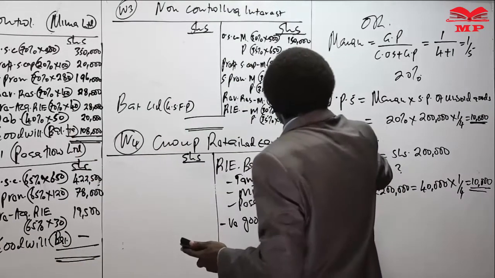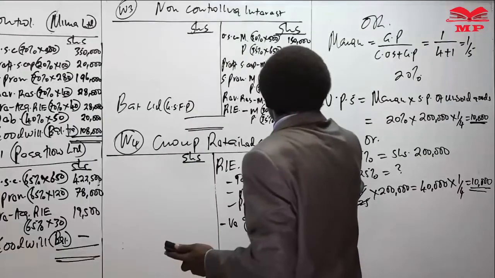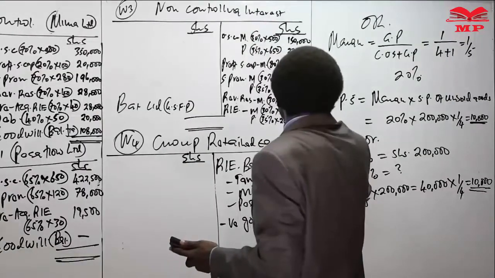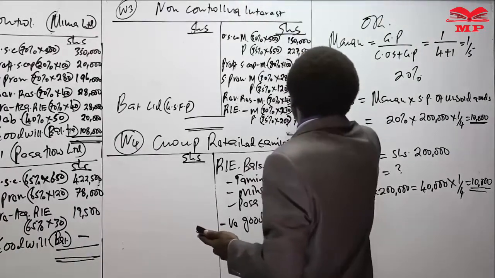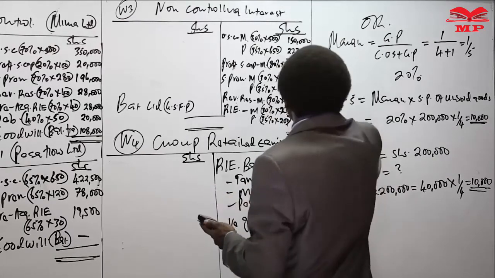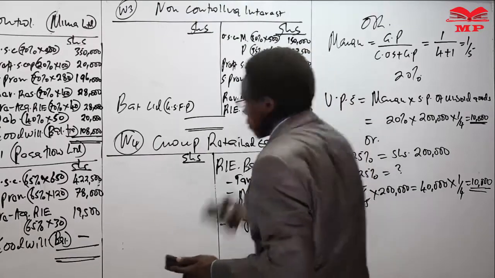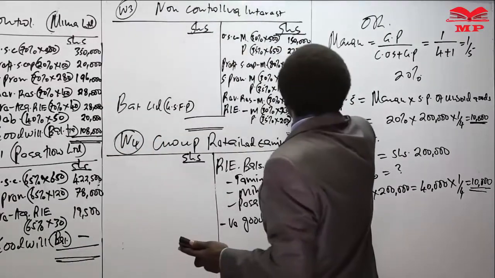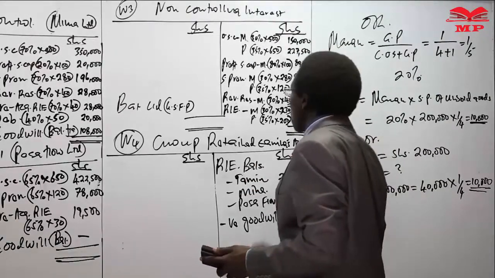The 70,000, this is that 5% of 200, that's 70,000. And the 30% of 280, that is 84,000. Let me write it correctly. Perfect. So we are okay there.